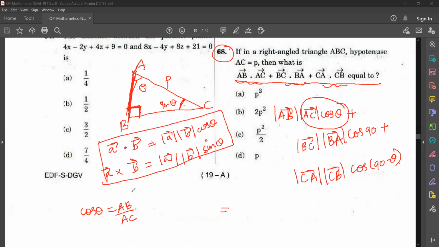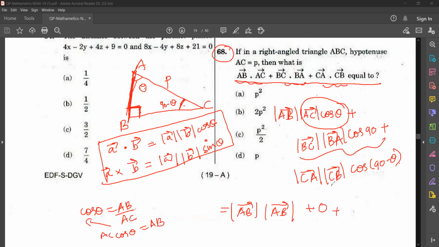So AC cos theta I can write as AB itself. Then here cos 90 is 0, so we can write that term as 0. Then similarly, if you do cos 90 minus theta, you will get CB.